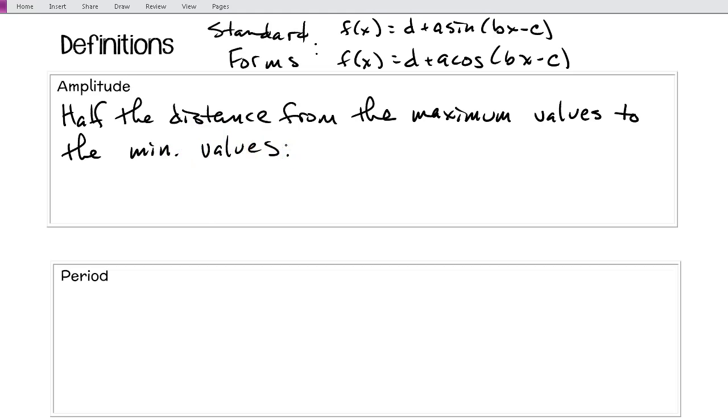Alright, so in our other examples that we did in the previous video, the highest value was 1 and the lowest value was -1. That's a distance of 2, so our amplitude was half of that, it's 1.